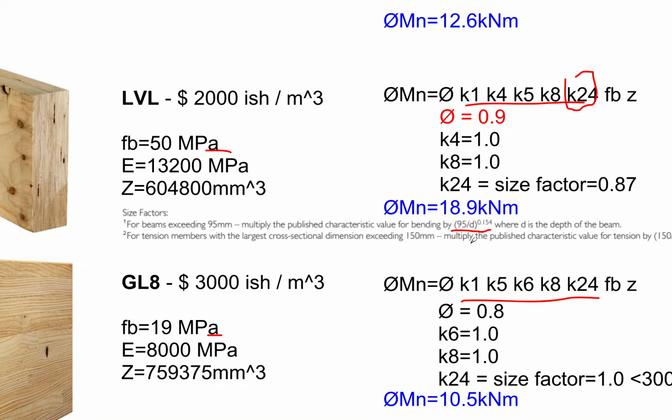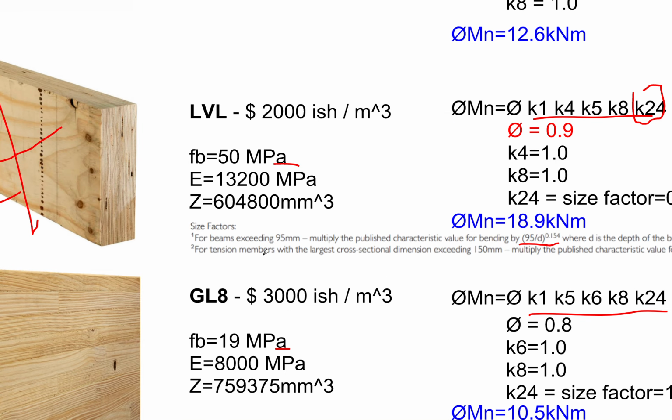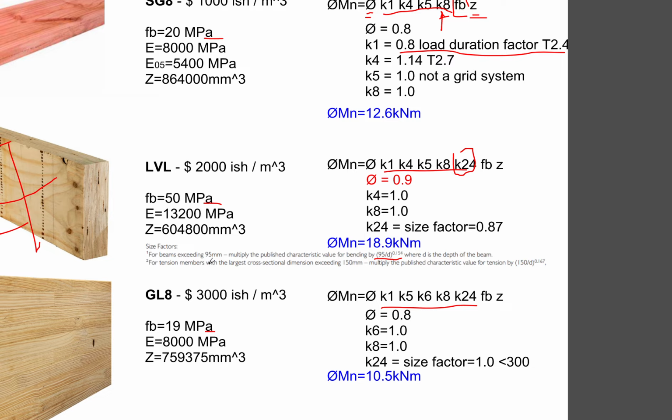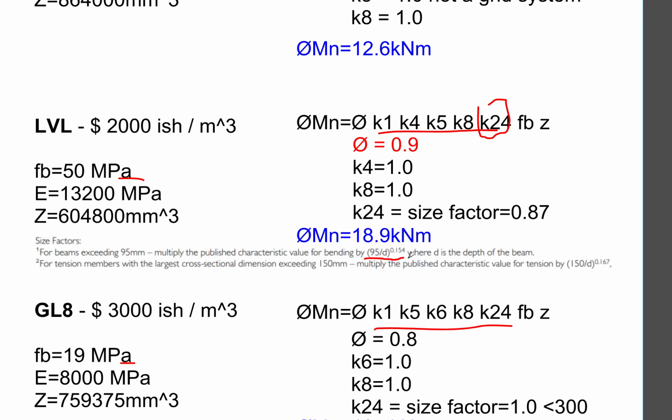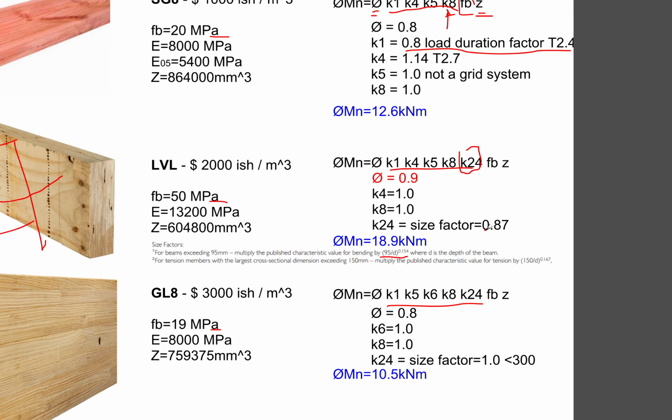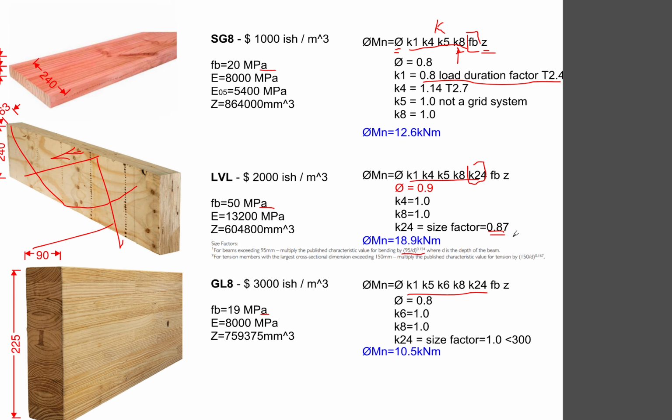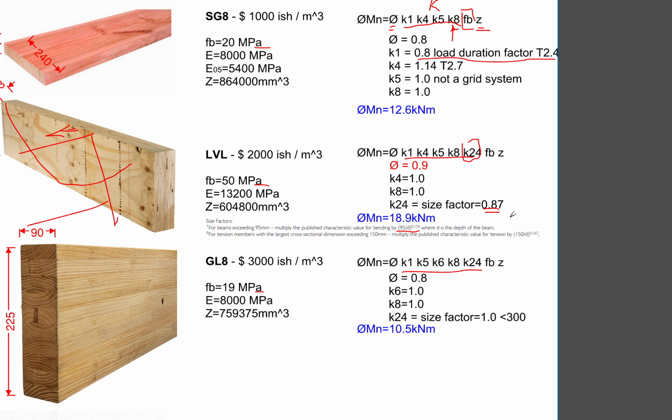For some manufacturers, for example, here I'm using the HySpan beam, the Carter's product, they have a specified reduction factor: 95 divided by the depth to the power of 0.154. That gives you the K24 factor to be 0.87, so a 13% strength reduction.